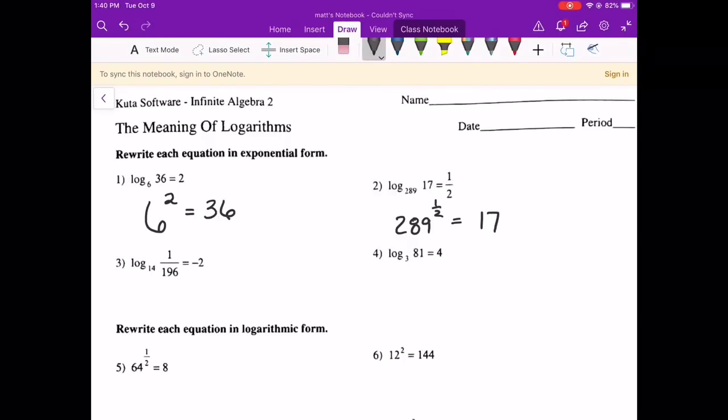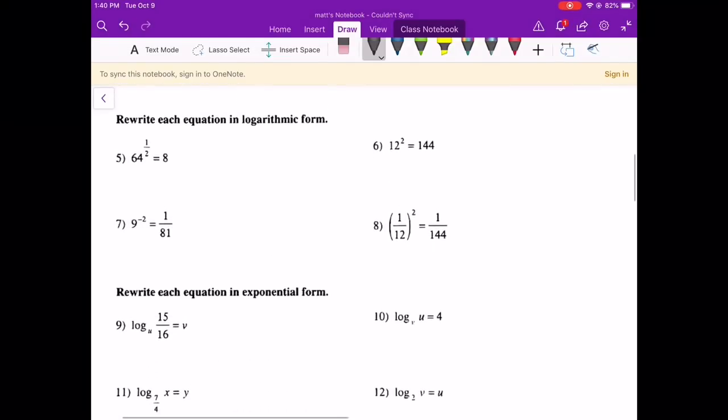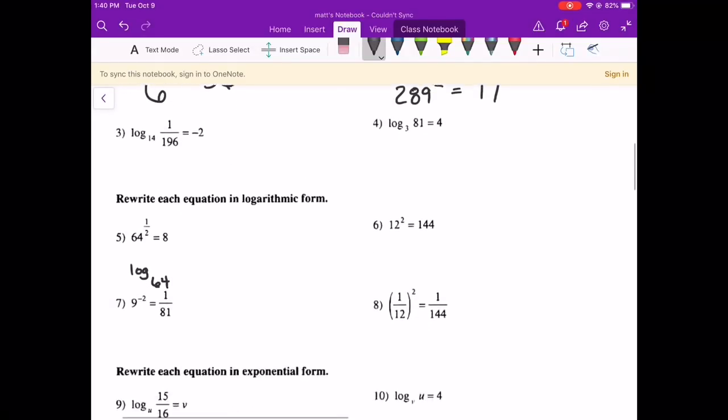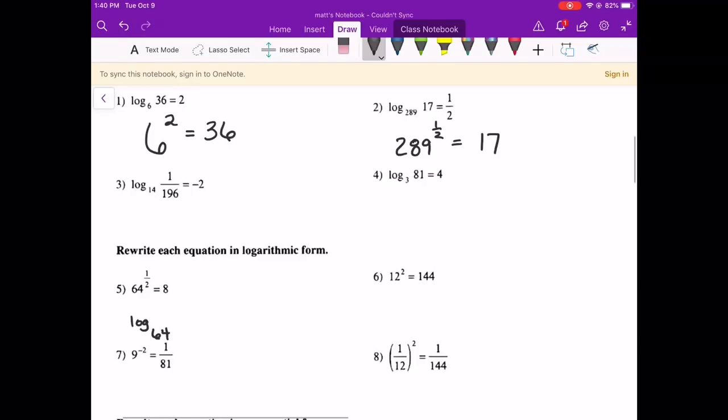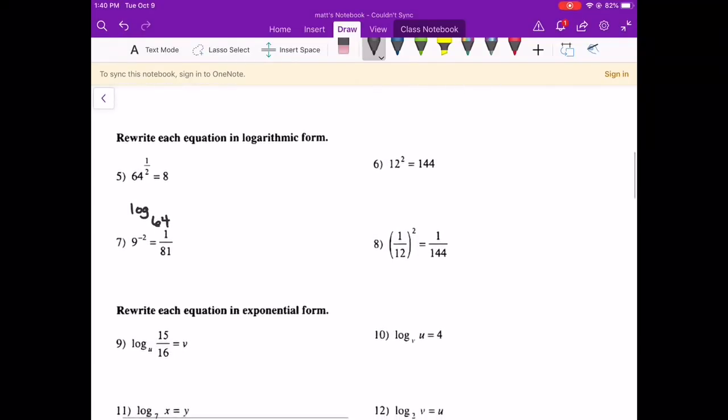So now let's do some logs into exponential form. The number that I identify right away is what the base is, 64. So log base 64. And then remember that from my previous examples, the exponent is what gets isolated in a log.